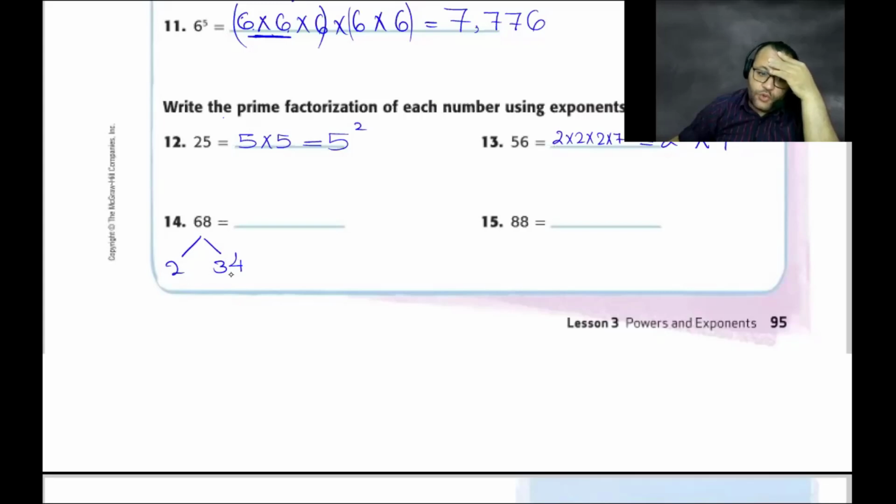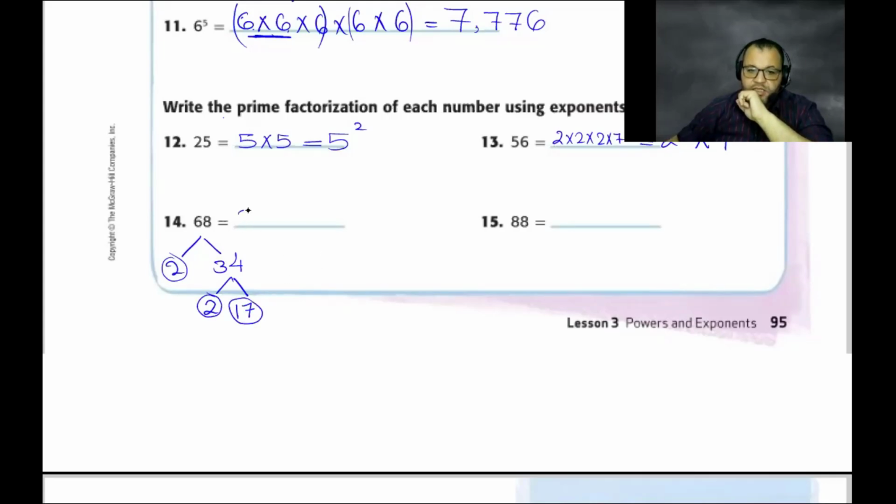Okay, now we have 2 times 34. 2 is a prime number. I need two numbers. If you multiply them, the answer is 34. 2 and 17. 2 is a prime number, and 17 also is a prime number.